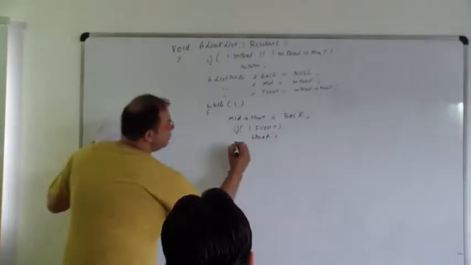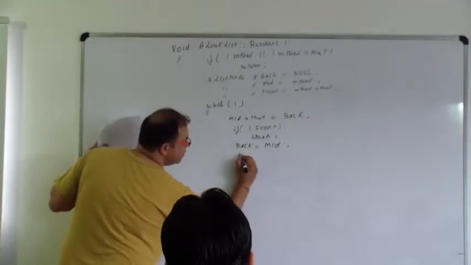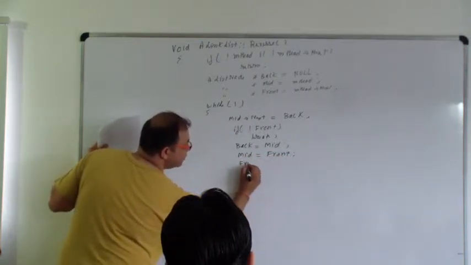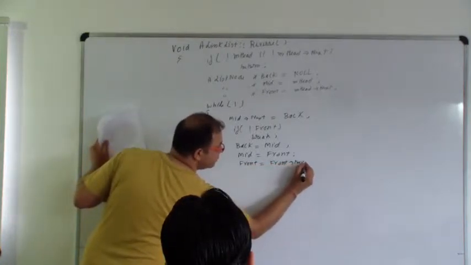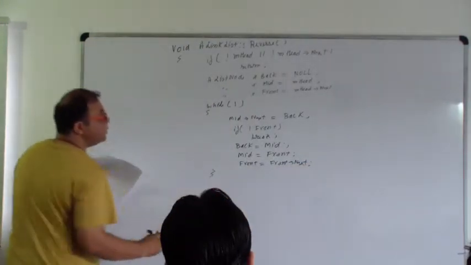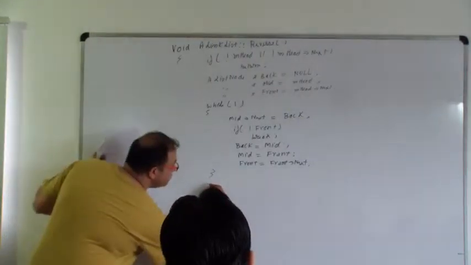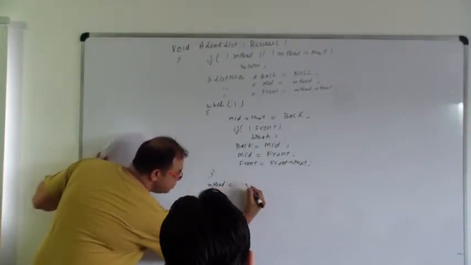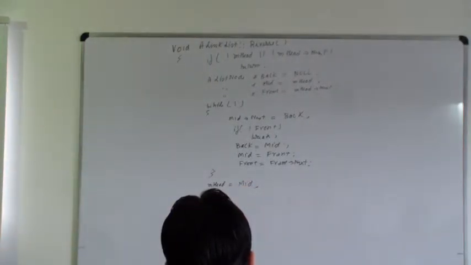Otherwise we will make back is equal to middle, middle is equal to front, and front is equal to front arrow next. Okay, so this will continue, and this will break out, and at that point we will say m head is equal to middle.